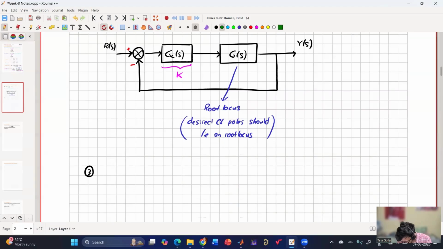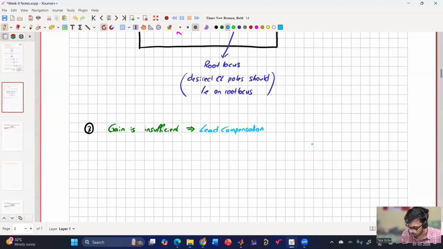So if the gain is insufficient, then to improve the transient response we'll go to lead compensation. For the lead compensation, there are step-by-step guidelines.